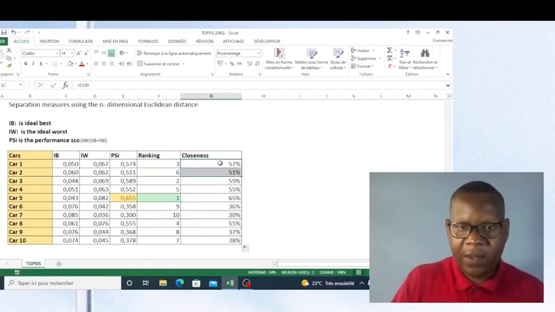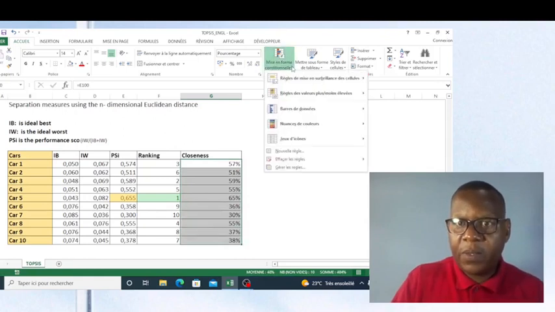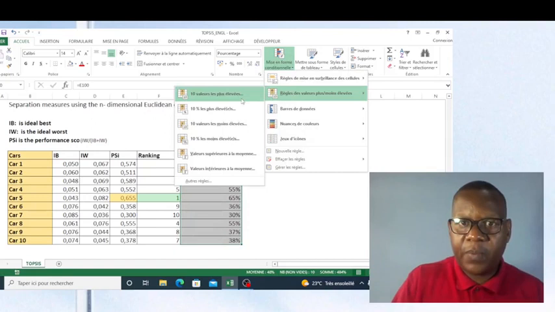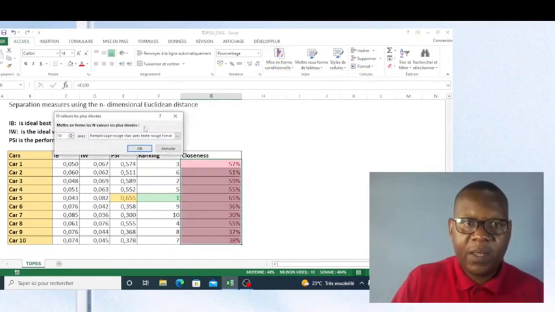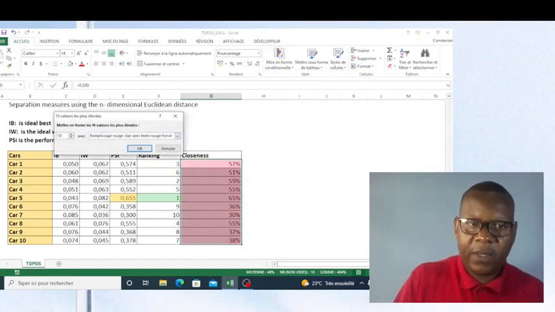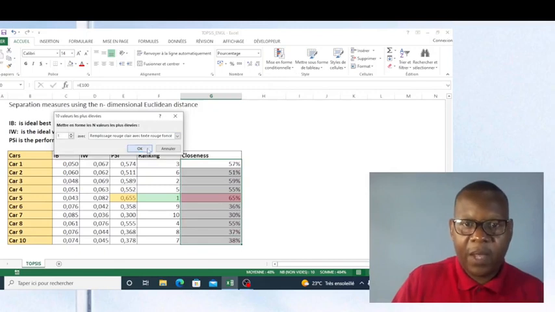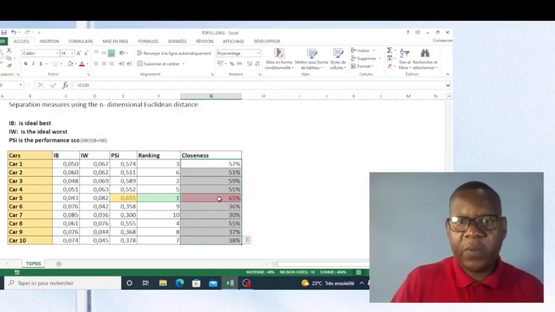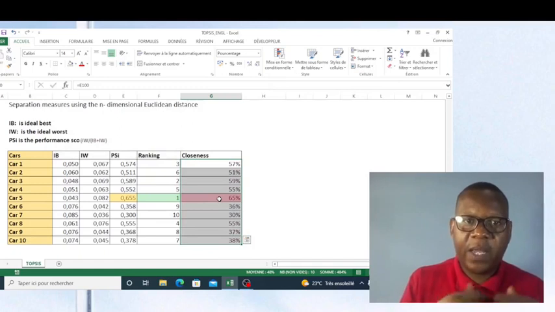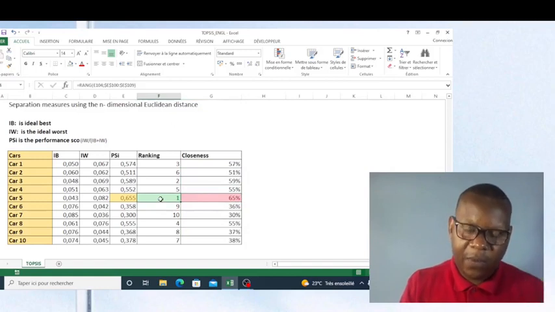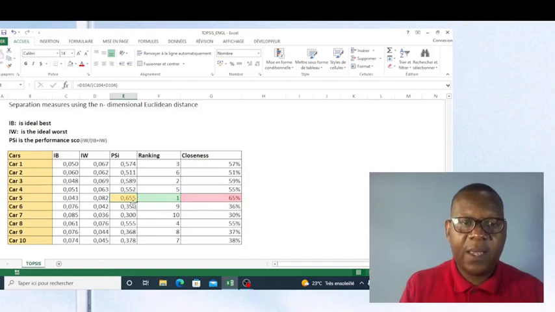Now I can just highlight this value by using this fill, this way, but I need one value here. Now you see the value which had the highest closeness value, Euclidean distance value, is this one, and this was ranked the first, and the preference score is the highest here.